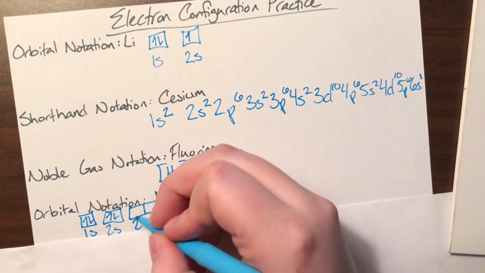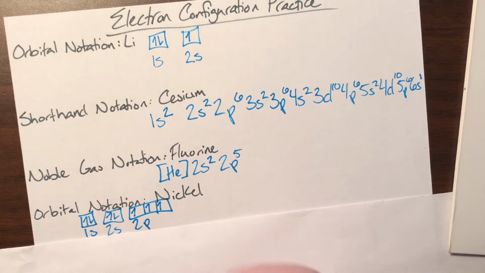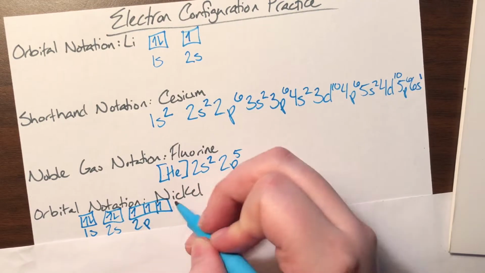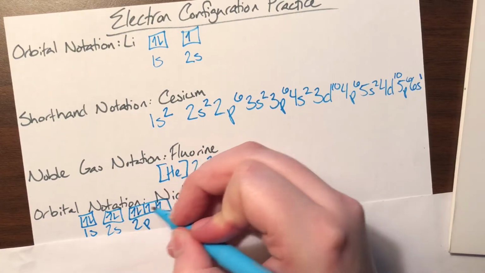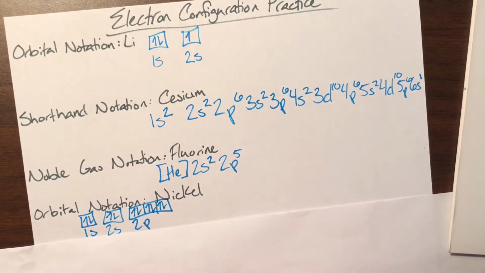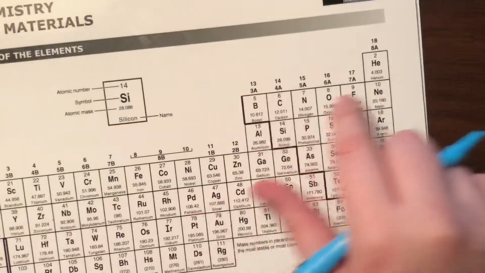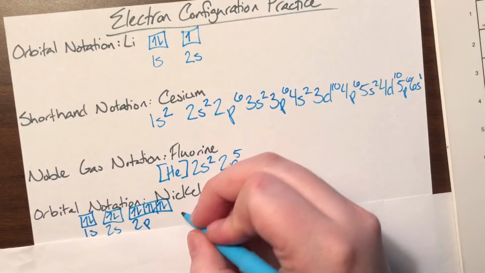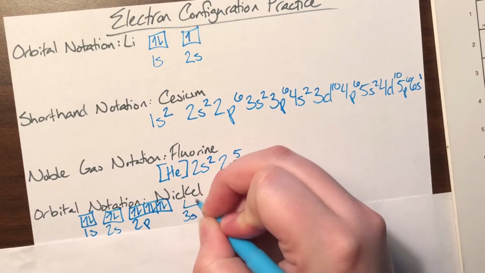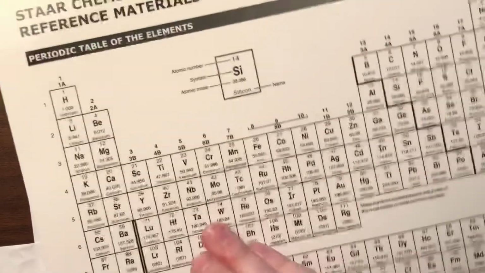And as I fill my P block, I need to be careful to follow Hund's rule. So I'm going to draw my electrons alone as long as possible before I go back in and force them to double up. Now after my 2p, I am at 3s, and that 3s block is going to be full because I have not reached my 28th electron here.